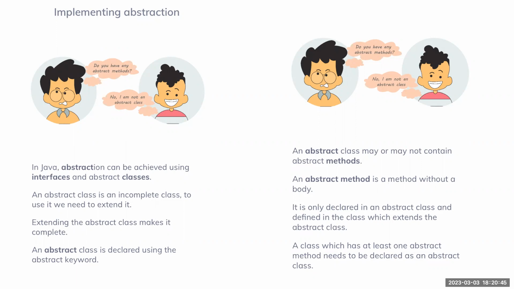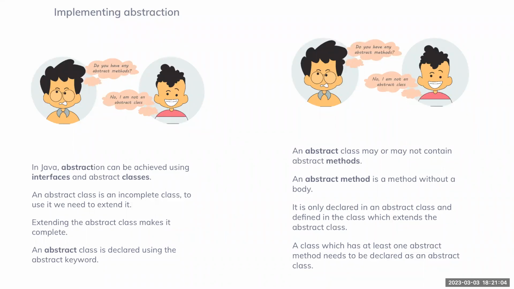It has to be implemented in the extended class. If somebody is extending an abstract class, they have to implement that method. So it is only declared in an abstract class and defined in the class which extends the abstract class.